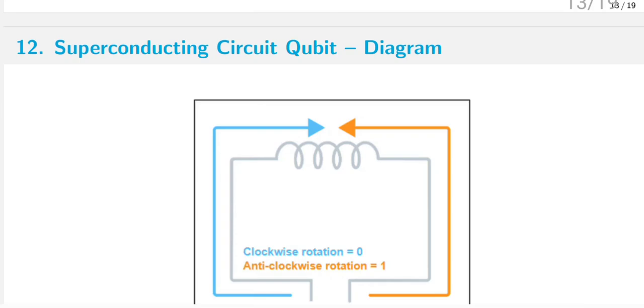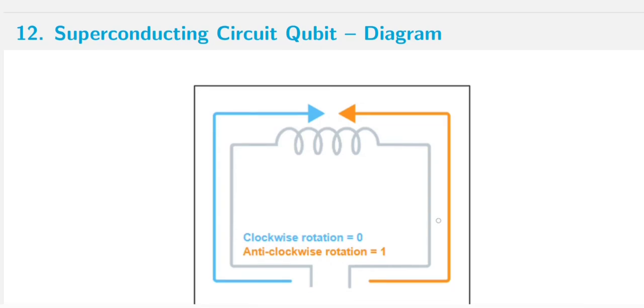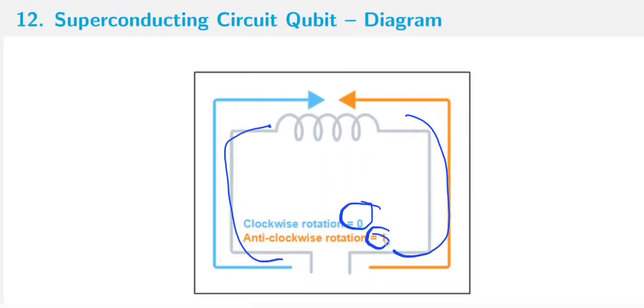However, this must be kept extremely cold, almost at absolute zero, so they can behave quantum mechanically. If you see here, it has two directions, clockwise and anti-clockwise. So already we know clockwise is nothing but ket 0 and anti-clockwise is ket 1. That is what this circuit is about.